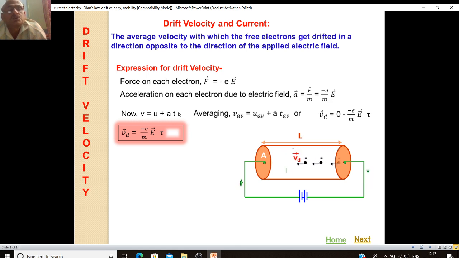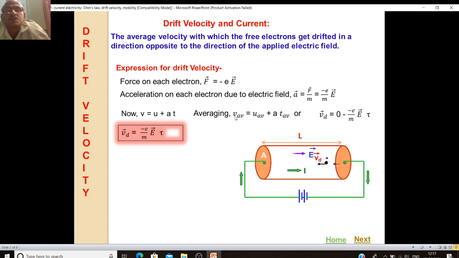Now if we use the equation of motion v equals u plus at and average this, then this is the average velocity, see the definition, the average velocity with which the free electrons get drifted.